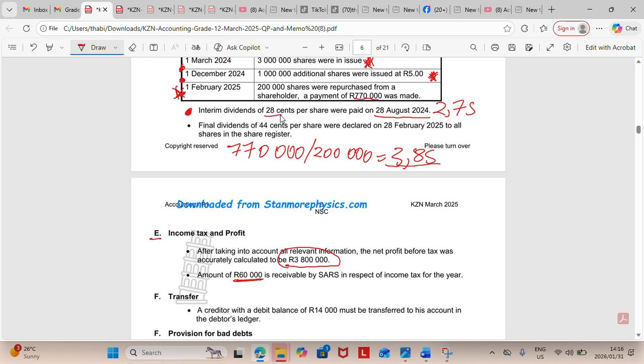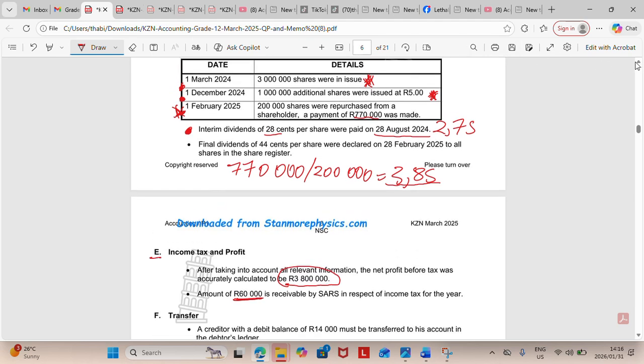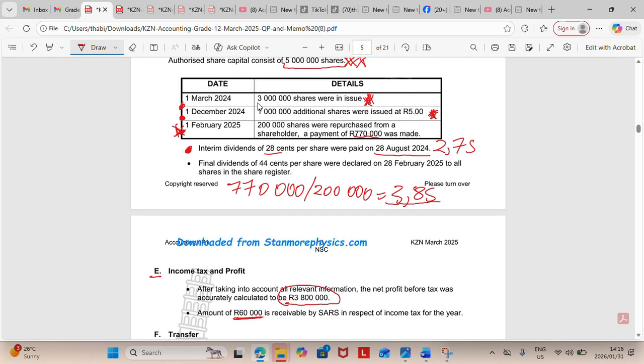So these interim dividends, it was paid on which shares? The shares that were there from the first day of March up until the 28th of August. So as you can see, we only had how many shares? 3 million shares, because we bought these 1 million shares on the first day of December.